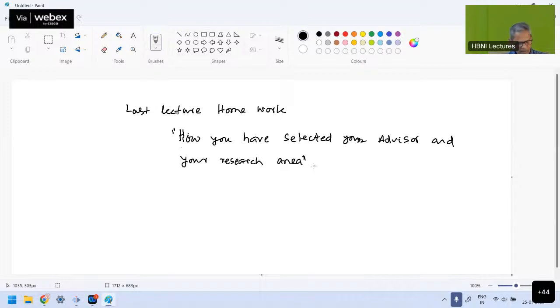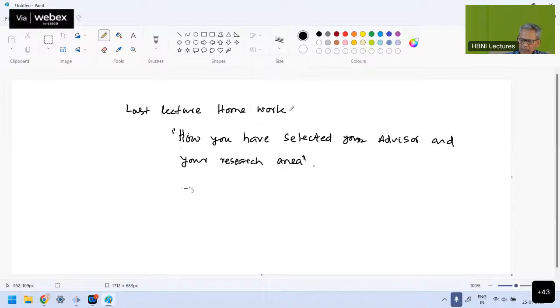Today we are going to learn some very basic understanding of research methodology. We will start with understanding what we mean by research methodology.